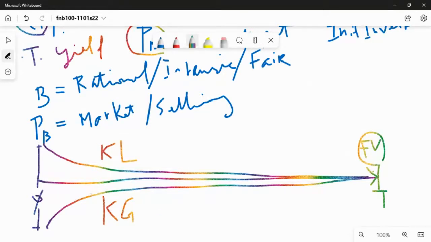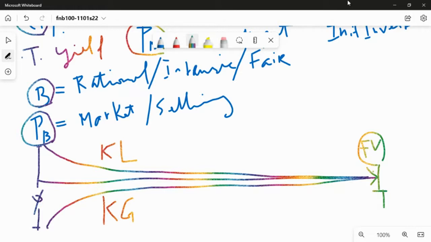But as I said, this is only my notation. In my notation, I make this distinction. So this is the rational price. In other words, the price that it should be, not average Joe and average Jane's price, which is determined by demand and supply, based on average Joe and average Jane's whim, right?